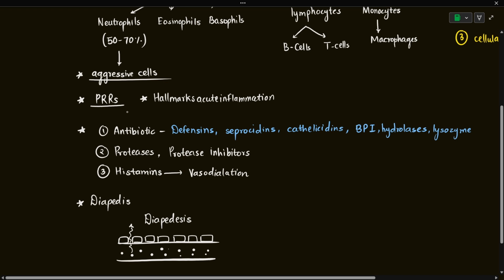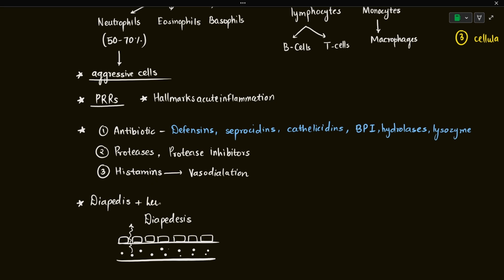Okay, so whenever there's infection, first of all, those neutrophils are going to show leukocytosis. And then they are going to show diapedesis. So what is leukocytosis? Leukocytosis is the increase in the number of neutrophils due to infection. Whenever there's a war situation, the recruitment of soldiers also increases.